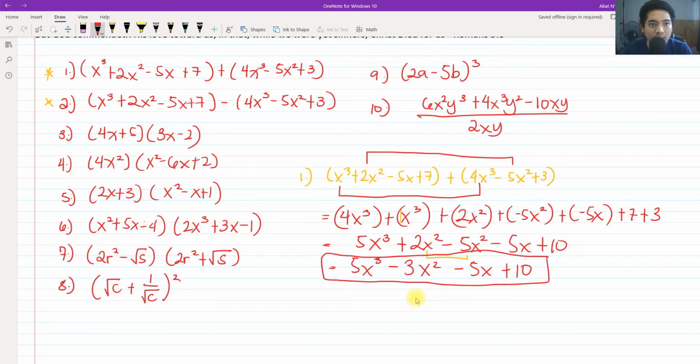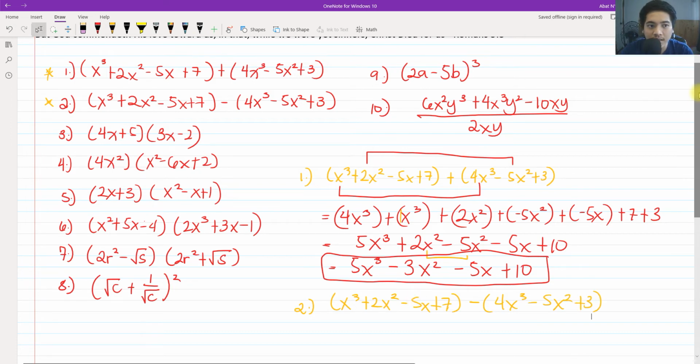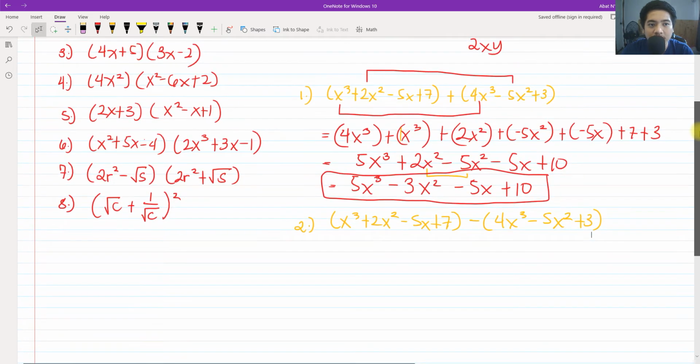So for number 2, we have subtraction. So we have x cubed plus 2x squared minus 5x plus 7 minus 4x cubed minus 5x squared plus 3. The problem here is many students always get this wrong when it comes to subtraction.